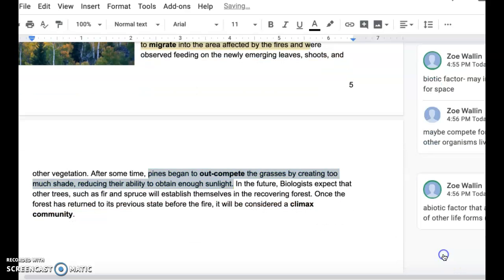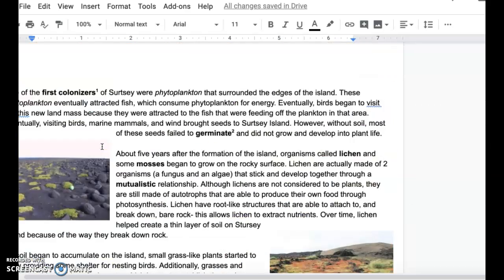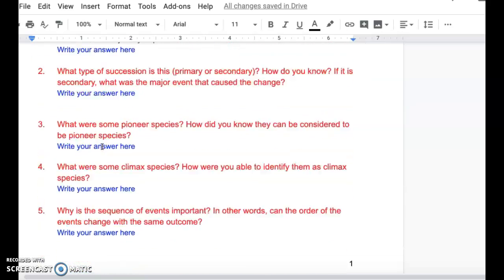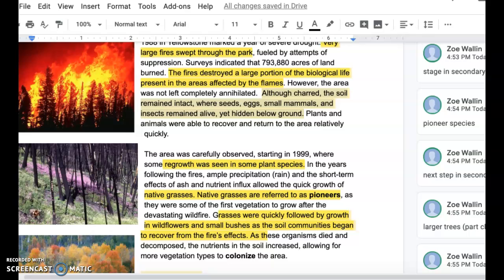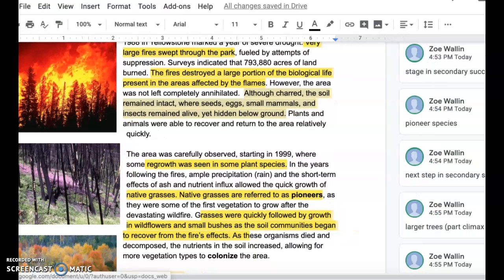In the future, biologists expect that other trees such as fir and spruce will establish themselves, recovering the forest. Once the forest has returned to its previous state before the fire, it will be considered the climax community. So now you're going to pause and go to your questions, number 1 through 6, and use the annotations that you did as you were following along to answer those questions, and then submit by the 27th.